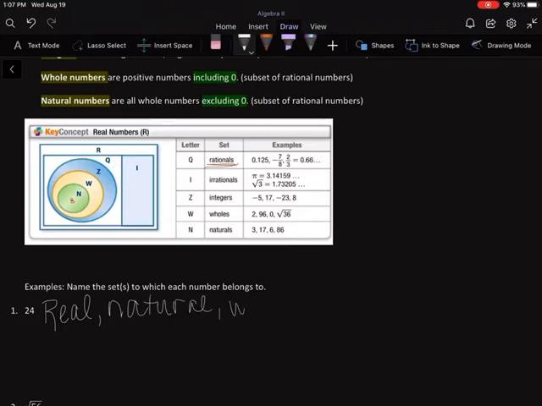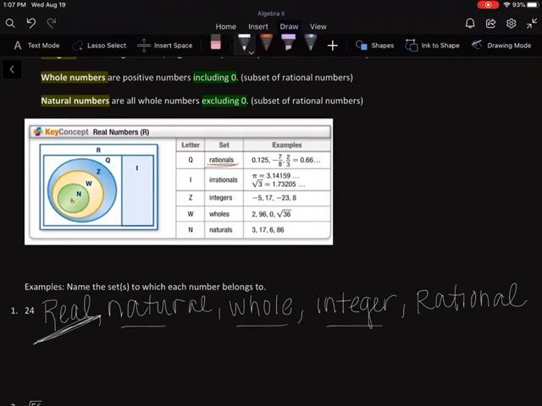I know it's a whole number. I know it's an integer. And I also know that it is rational. Okay? So this one is a given. Everything is real that we'll be talking about this semester, essentially. And then we have to pick out which one it falls into.